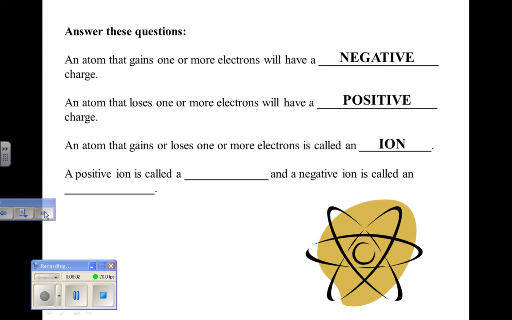And a negative ion is called an anion. I wanted to say it's called an ion, but that would just be, yeah, so it's called an anion. All right.